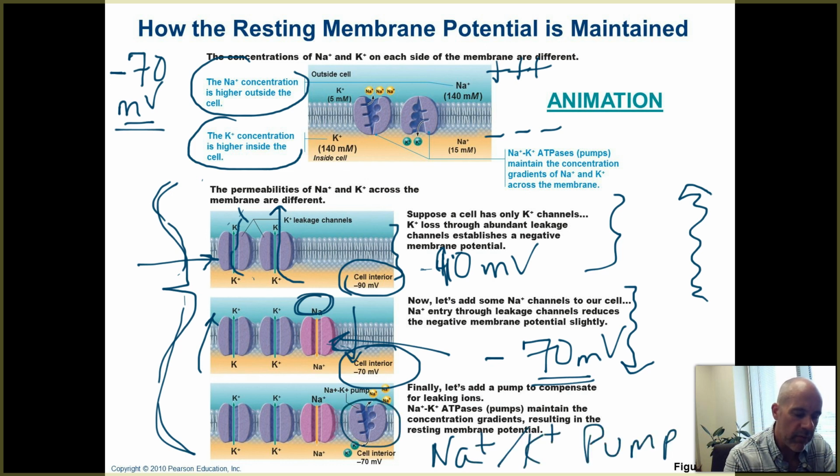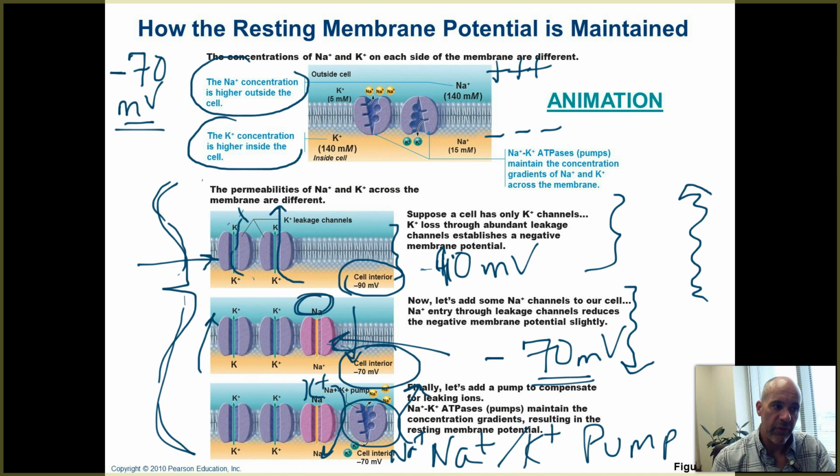And that's what they're showing you over here. What that does is it pumps excess sodium out of the cell and excess potassium from outside back inside the cell. All right, so when you have too much potassium out here, it's going to pump that back in. When you have too much sodium in here, it's going to pump it back out. That's called the sodium potassium pump.